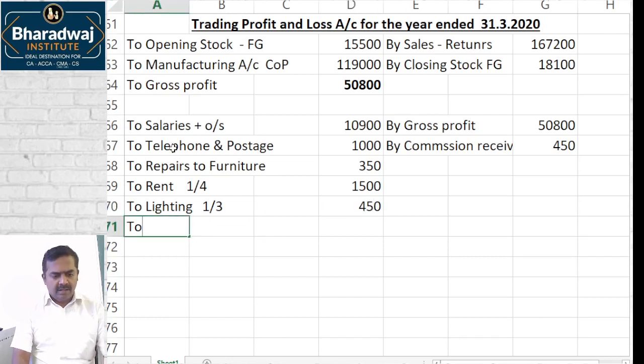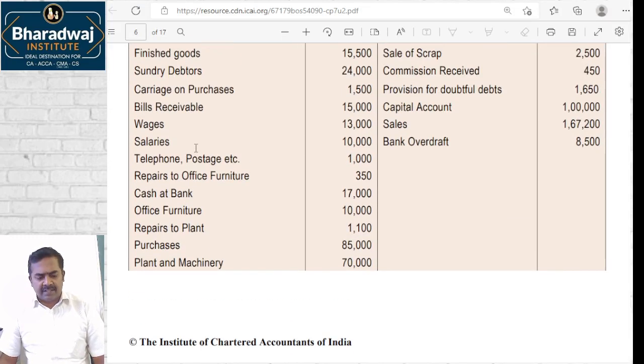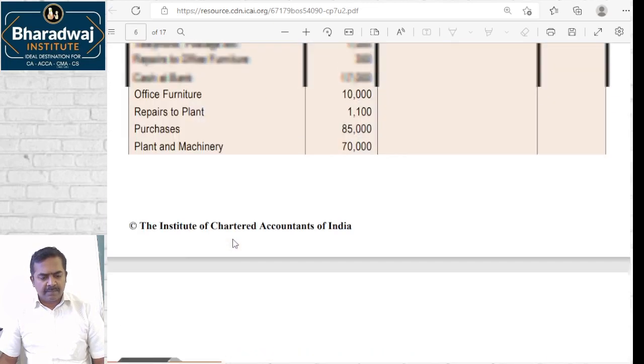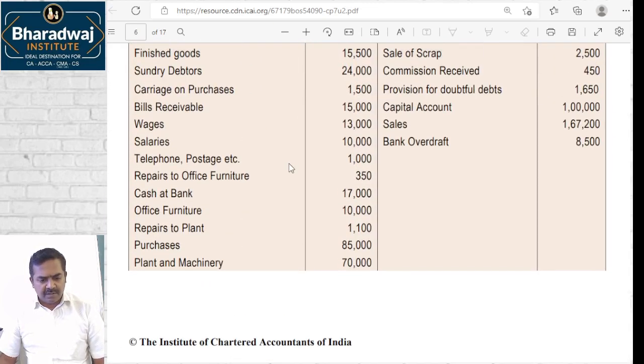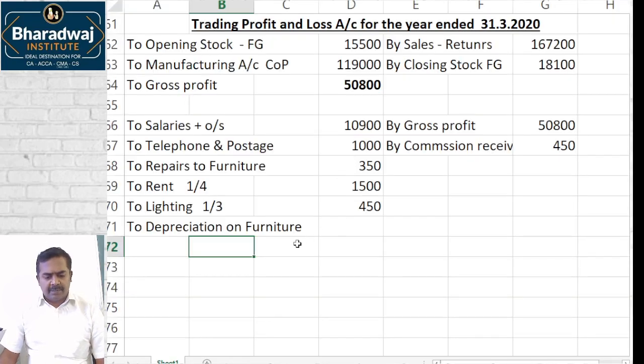Then what else? Depreciation on furniture. It is 7.5%, not 7 1/2. See how much office furniture there is. What is the value of the asset? It is 10,000, look in the adjustment. Depreciation on office furniture 7.5%. 10,000 into 7.5%.